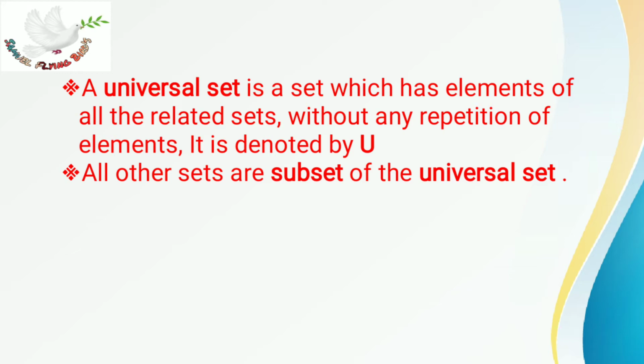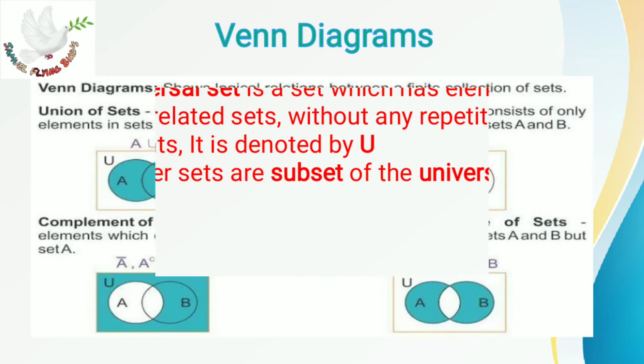All other sets are subsets of the universal set. We know that a complete set is of only one type. From that, any other sets which have been subdivided are called subsets.